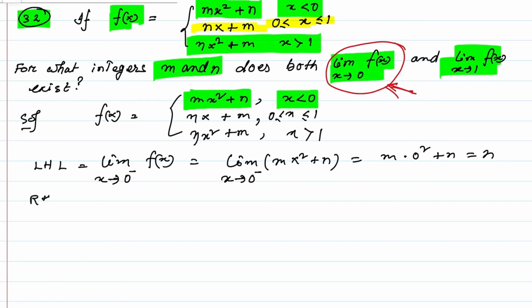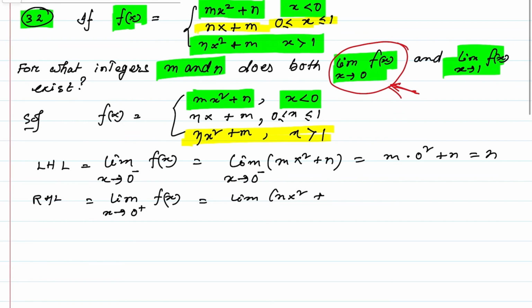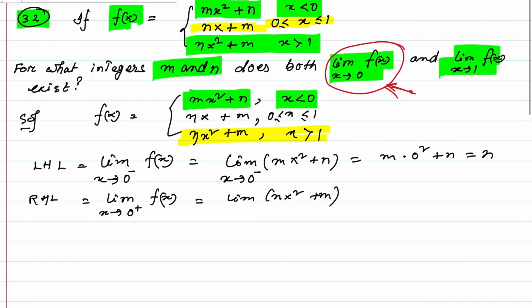So let's take right hand limit. x tends to 0 positive, f of x, and in this case we have to take this nx plus m. Okay, here we have to take limit of nx plus m as x tends to 0 positive.